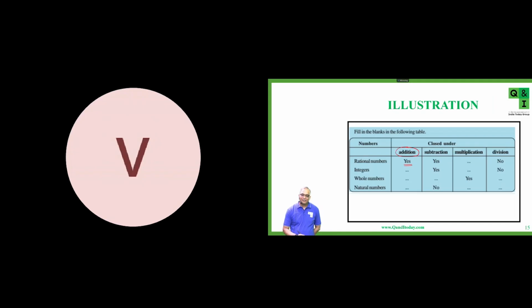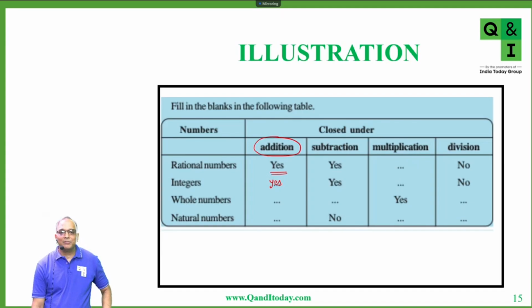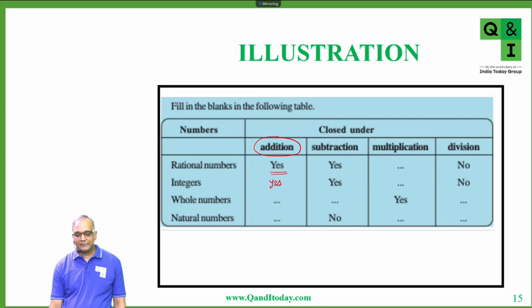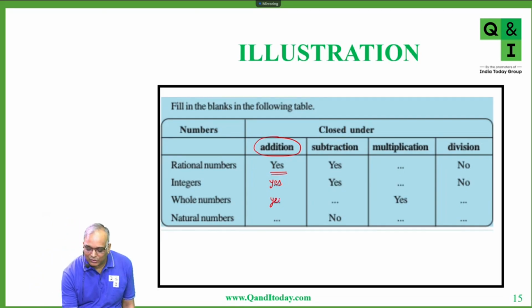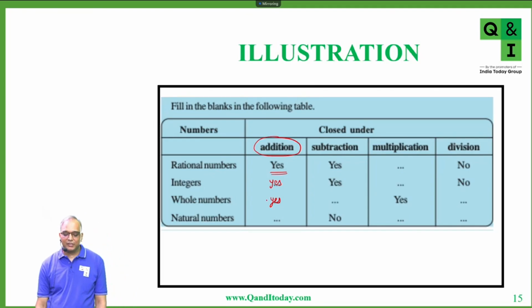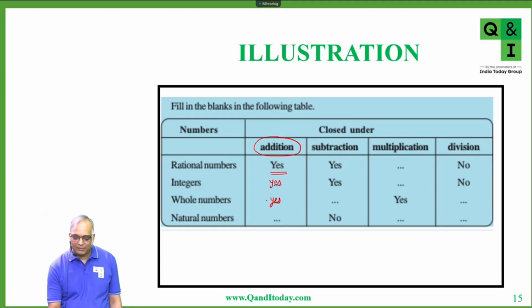Yes, sir. So integers are closed under addition. Whole numbers: when you add two whole numbers, do you always get a whole number? Yes, sir. So this is also true. Good. If you add two natural numbers, are they always a natural number? Yes.